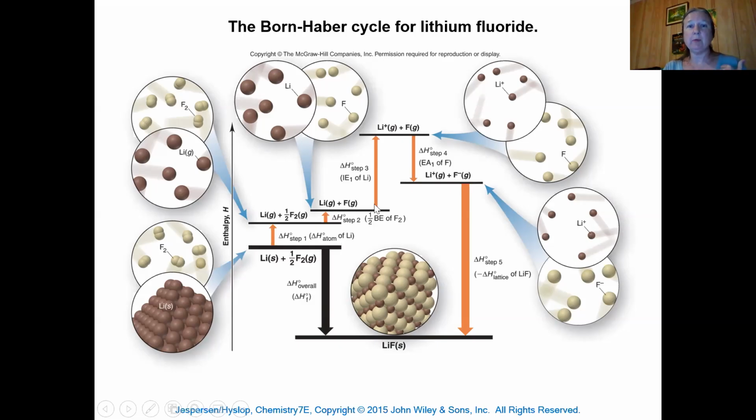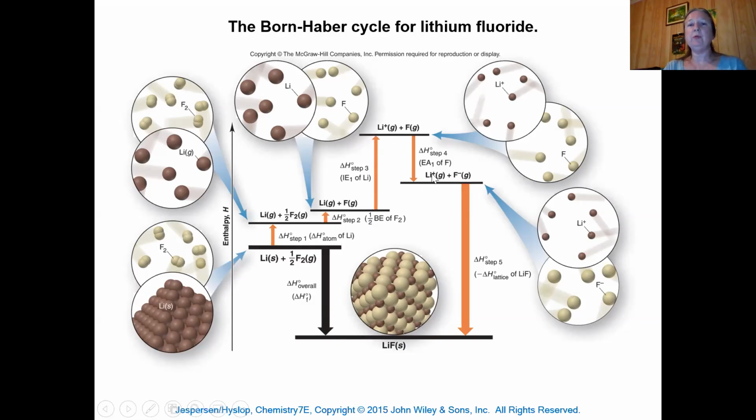The next step requires energy to take an electron away from lithium. Now we have fluorine gas. When you add the electron to fluorine, a little bit of energy is given off, so you've made up a little bit for the energy you needed to create the lithium ion.